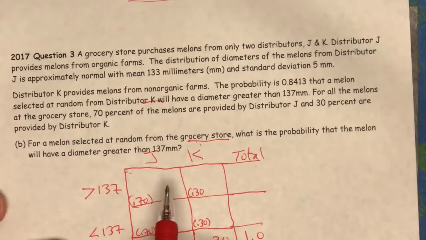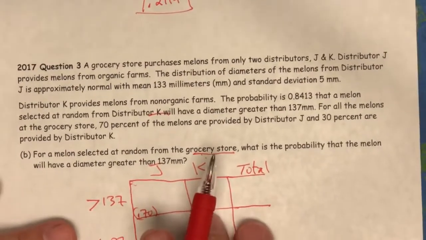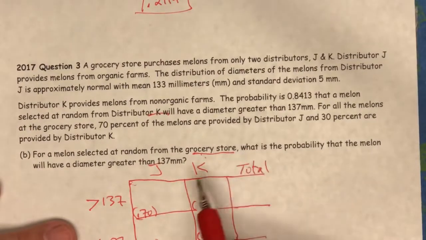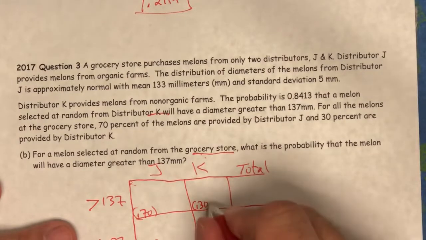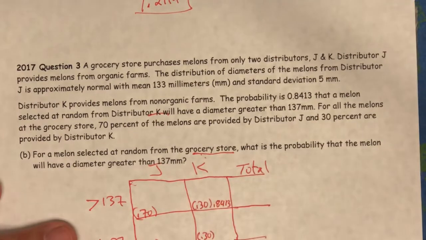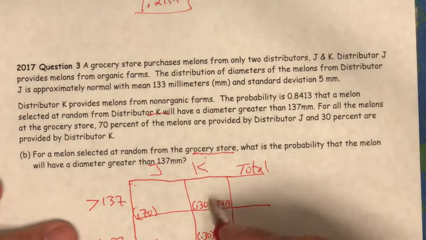Well, I need to know the probability that a melon is greater than 137 or less than 137 if it comes from K. Well, they tell me that is 0.8413. So this is going to be 0.8413, and the value below it is going to be 1 minus 0.8413, which happens to be 0.1587.